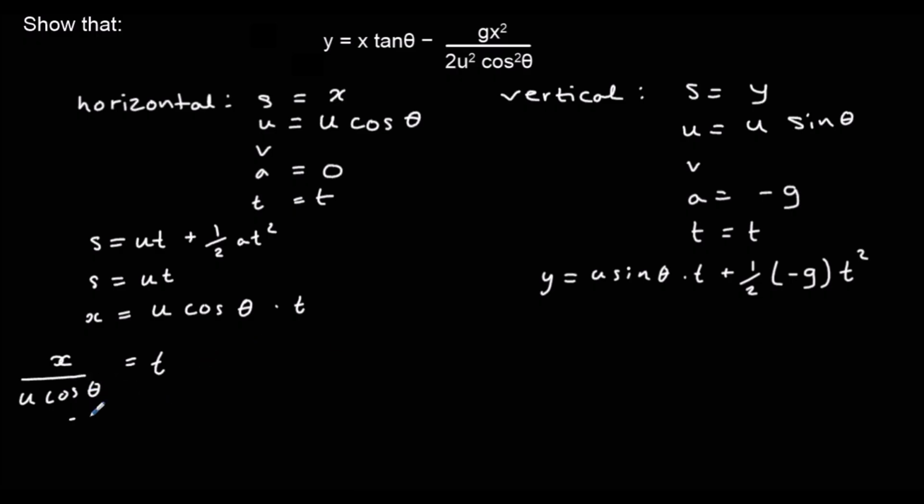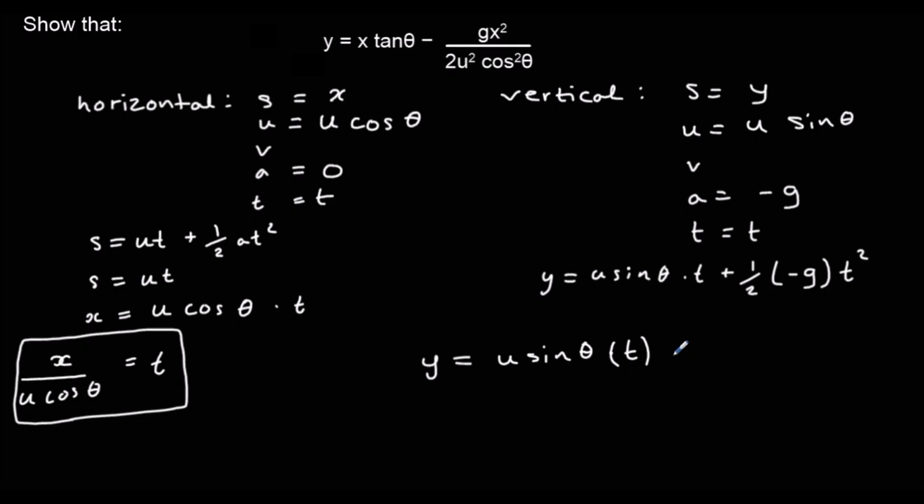So we're going to use this to substitute into our vertical one. So u sine theta times t minus, it's going to be negative, gt squared over 2.